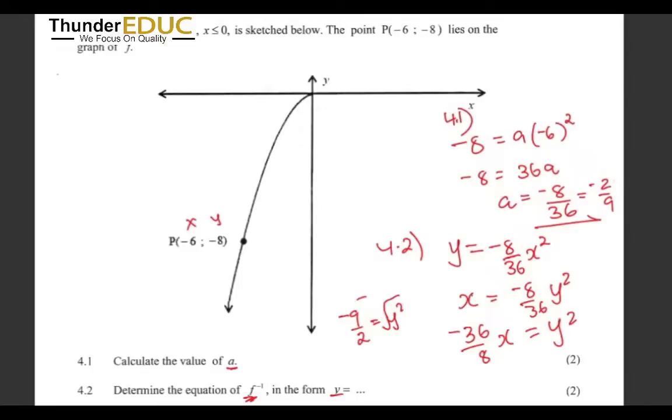Then we find the square root, which means our y is the square root of negative 9 over 2x. And then we must give a condition that x must be less than or equal to 0. The same restriction that we had for the parent graph should be maintained.